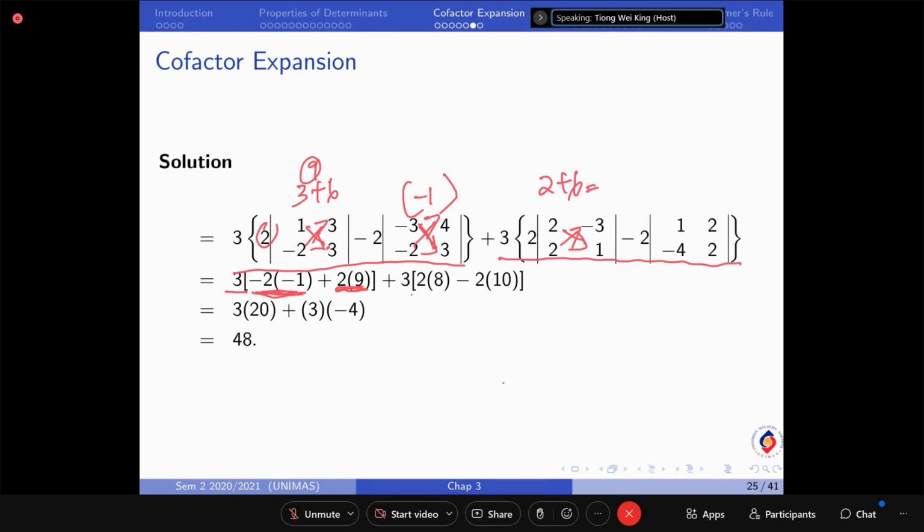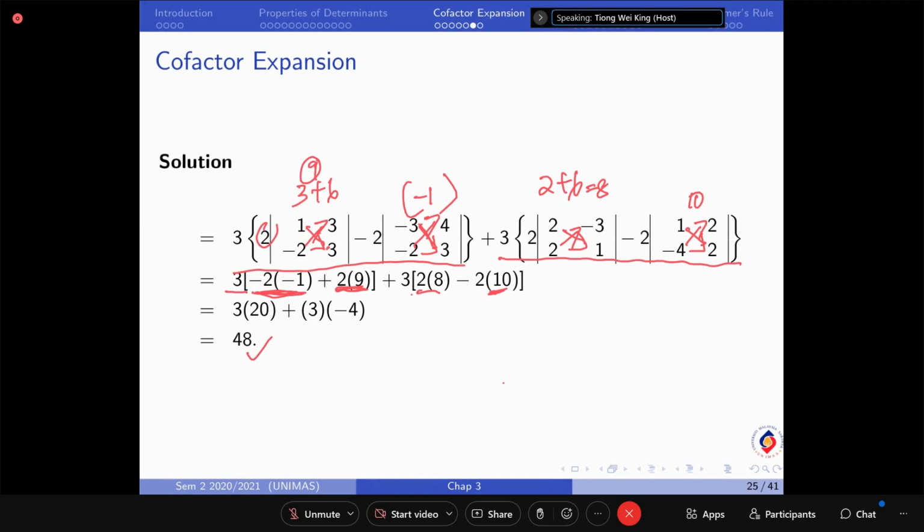This one is 8. So you get 2 times 8. And then this one, 2 minus negative 8. So 2 plus 8, 10. So this one 10, you have this. So simplify, you get 48.